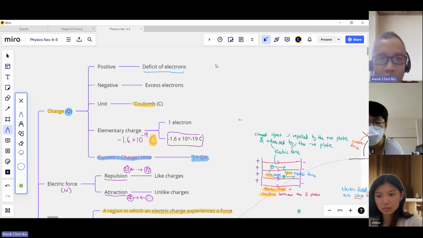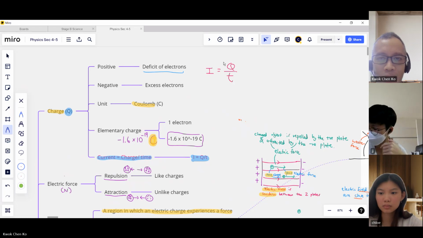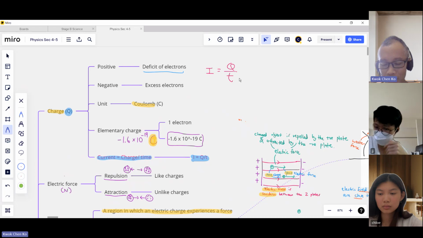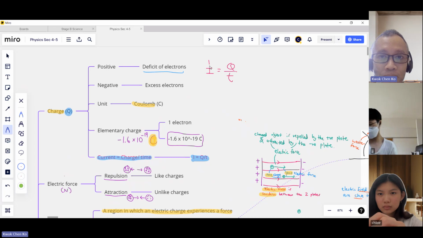Now, you should have written this down previously, so this is the one for this chapter. However, if you go to the next few chapters, obviously there will be other formulas. Now, Chloe, tell me what is capital I?